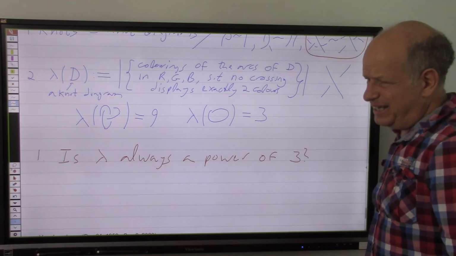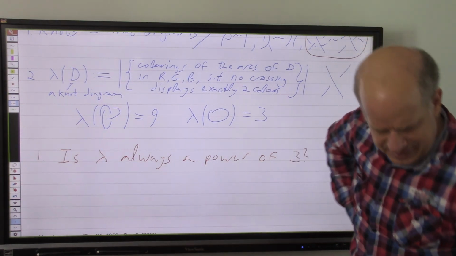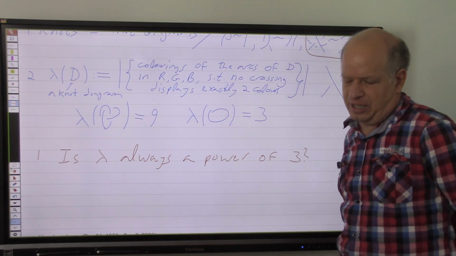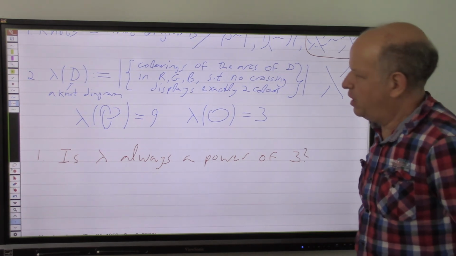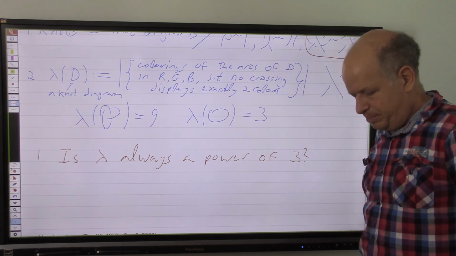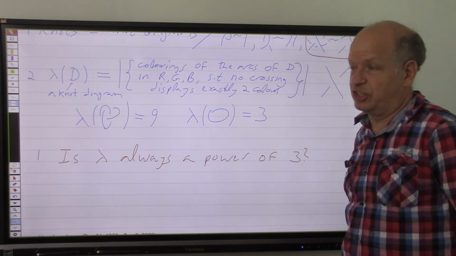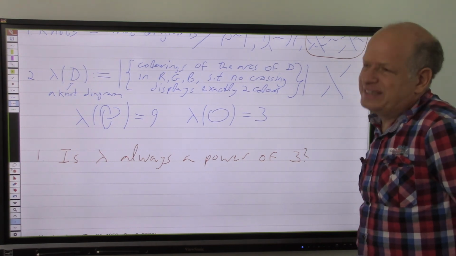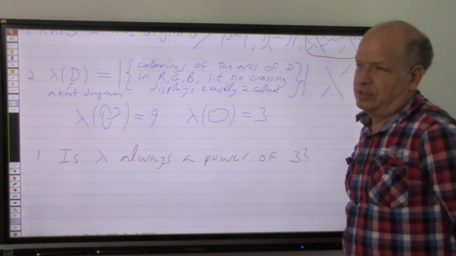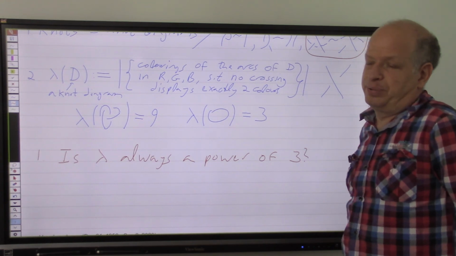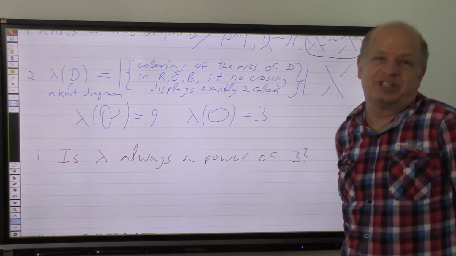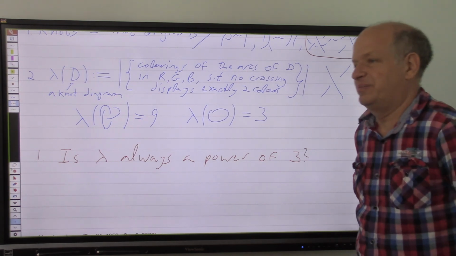And the second question is a bit harder to state, but it's important. It's a subject that will recur, okay? So I always care about computing, right? Part of the point of knot invariants is to compute them on various knots so that you can tell them apart.